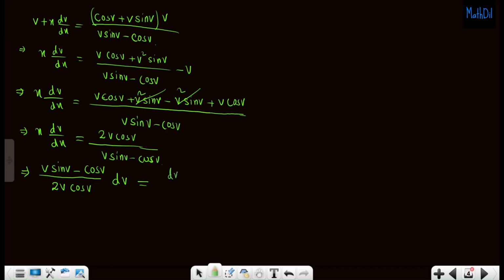Now simplify more, so it will be v sin v by 2v cos v, minus cos v by 2v cos v dv, right? So it will be equal to dx by x, right?